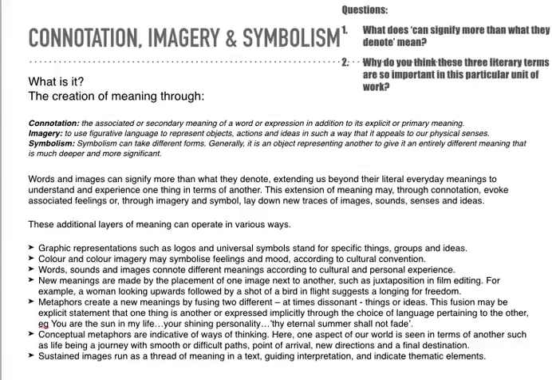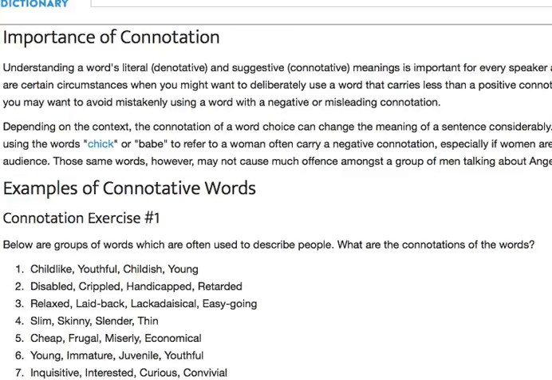So, connotation: the associated or secondary meaning of a word or expression in addition to its explicit or primary meaning. So I've just gotten onto this site here and it's talking about the importance of connotation, but it's got some examples that might help us with our understanding.